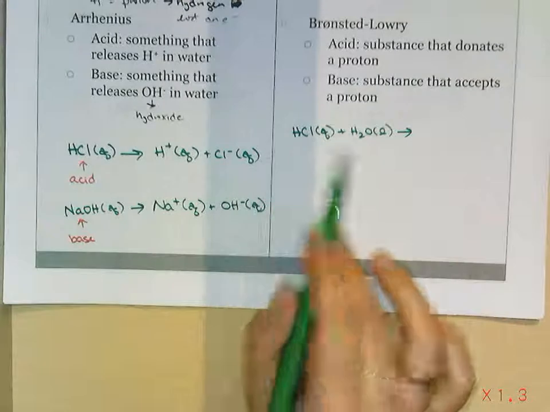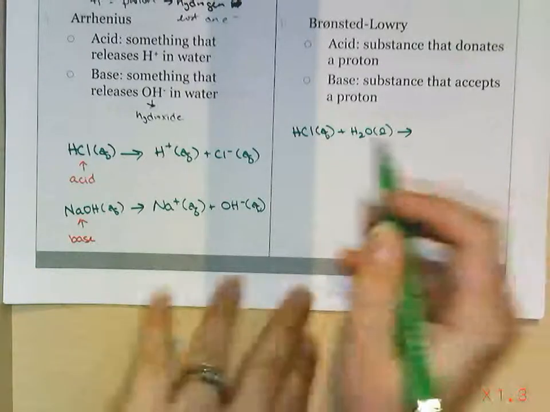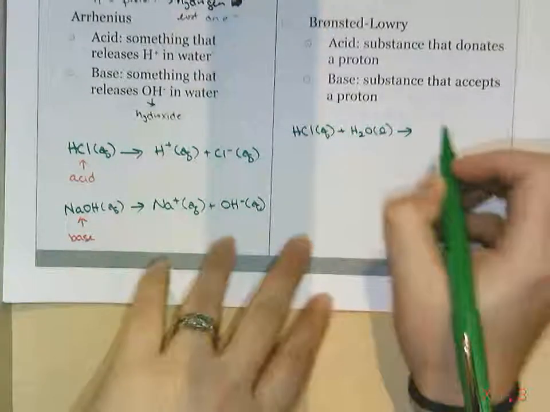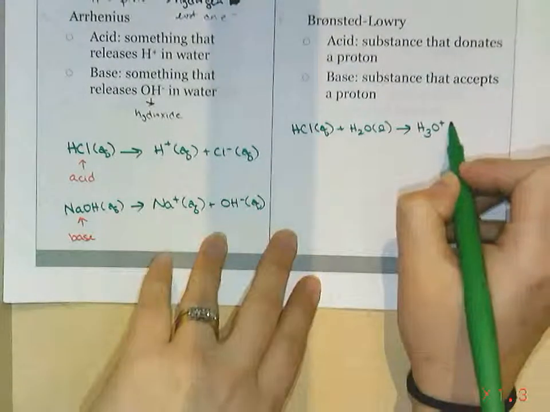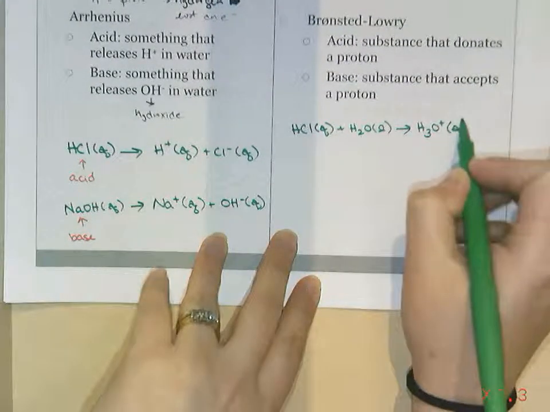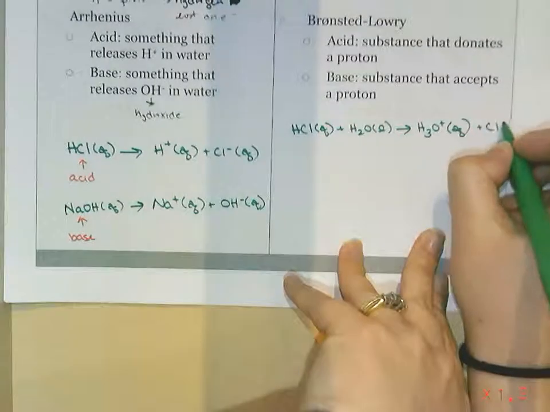Who is going to be the acceptor of the proton? Water, right? If this is donating, this must be the receiver. Water has accepted the proton. Now it's H3O+. And that leaves us with our chloride.